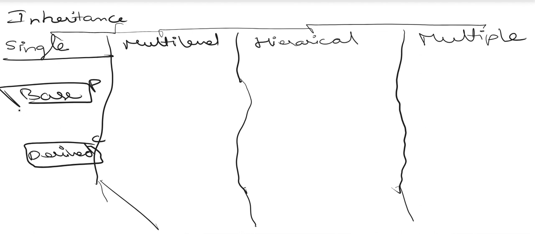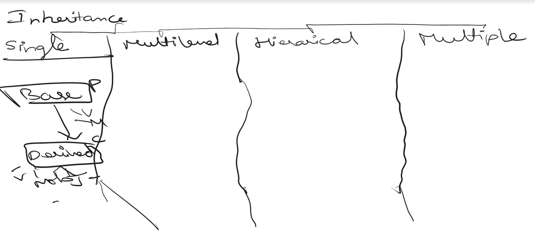Only one parent and one child. If we create an object for the derived class, we can access the variables and methods of the parent and of the child class. This is single inheritance.